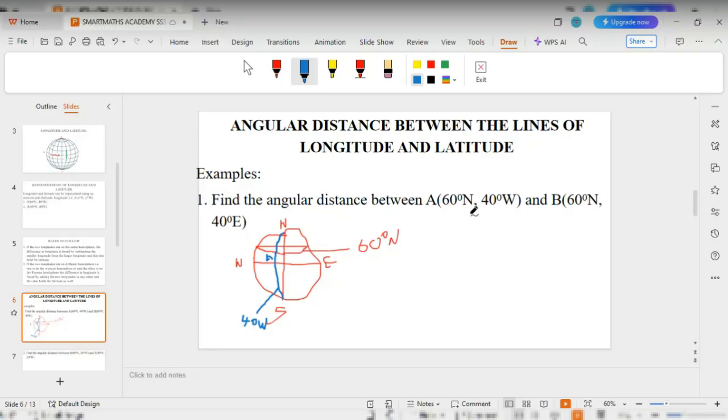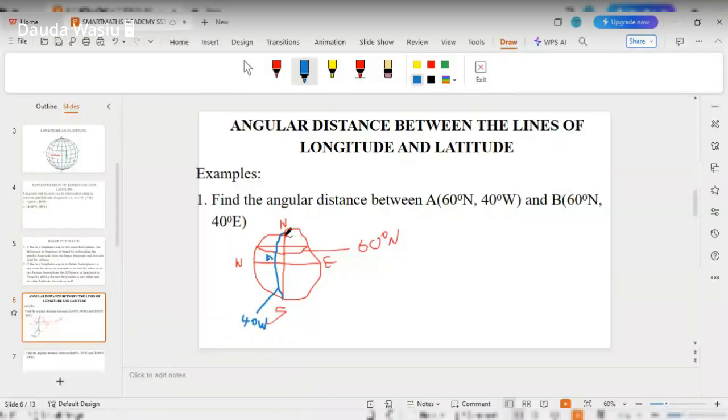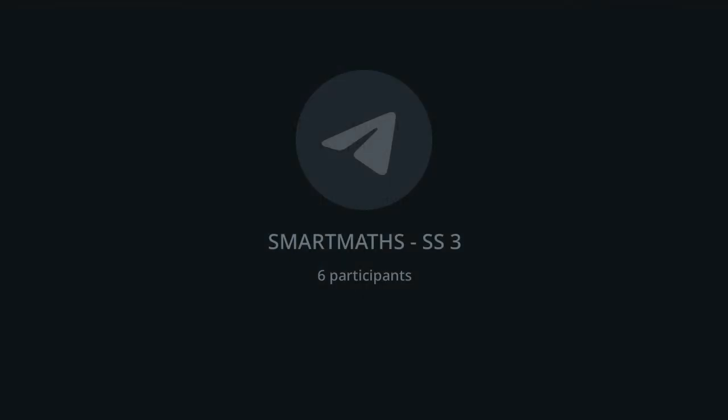Then you come to point B, latitude 60 degrees north, which means they possess the same latitude. You redraw the latitude, then 40 degrees east: you come to the east side of the meridian to draw 40 degrees east, and label it.